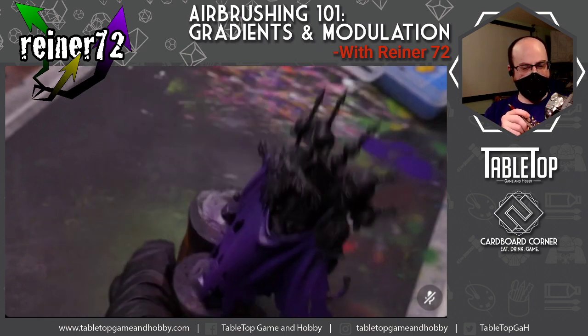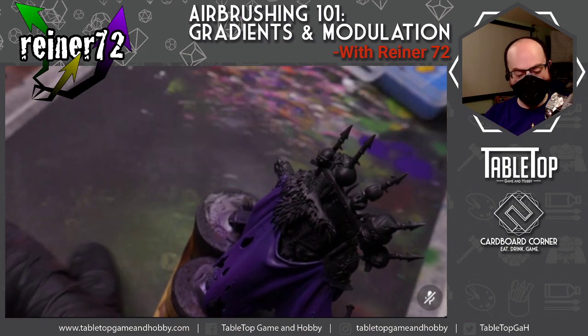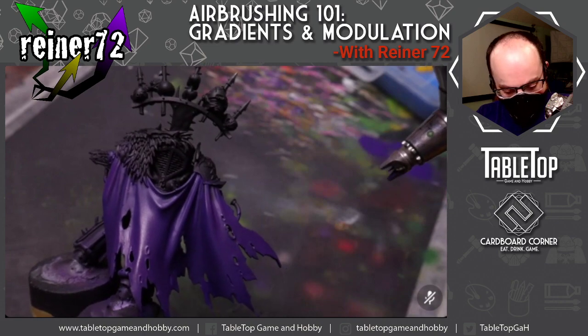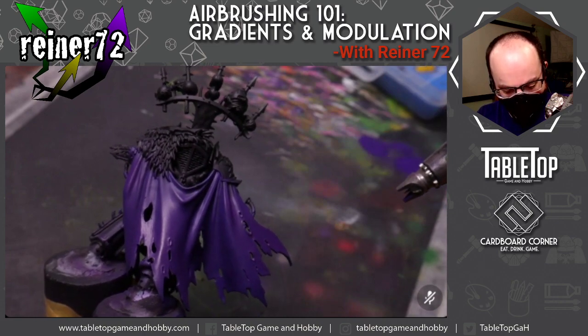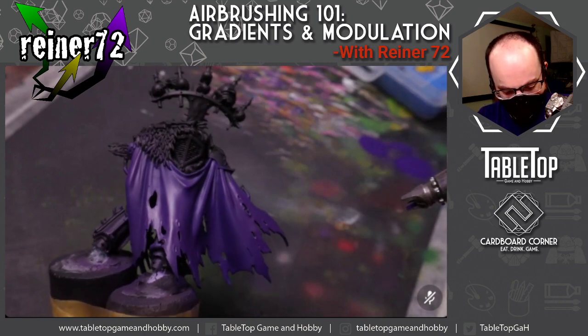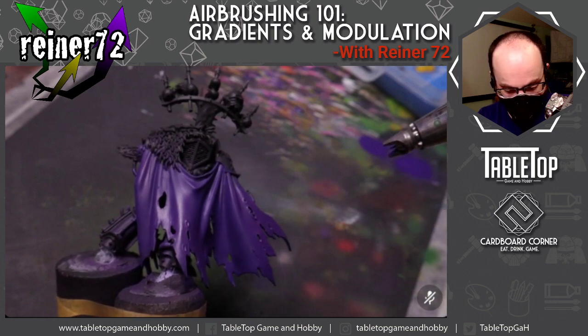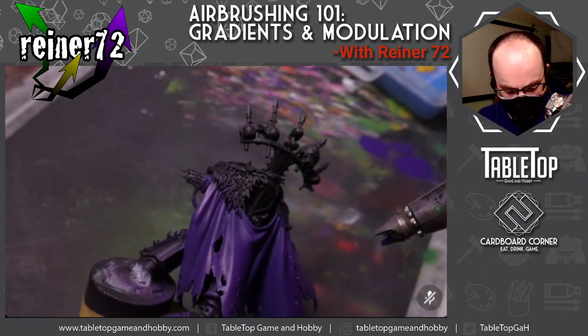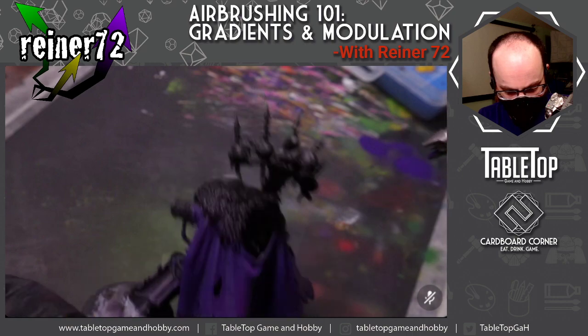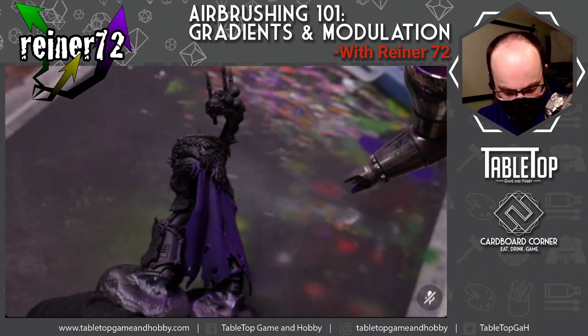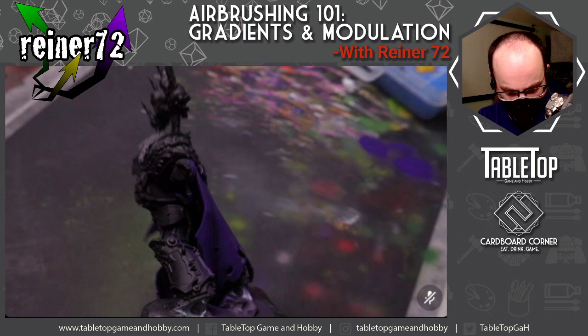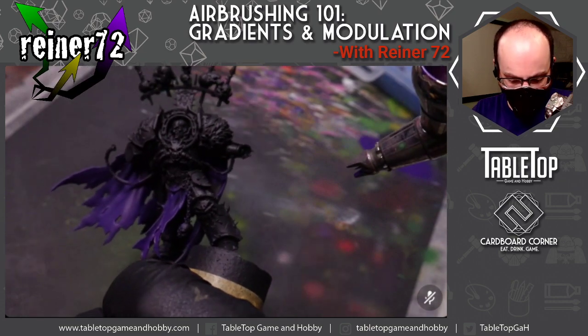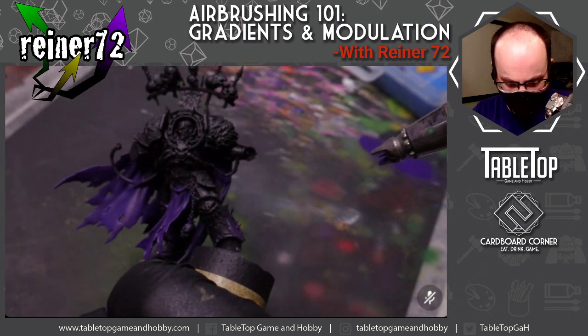So this is where our violet is actually turning into a purple. That undertone of the violet is going to look way different than if I had just put down the sunset purple over black primer. I can show you. Let me give you a good example. What does it look like over black primer? Like this.